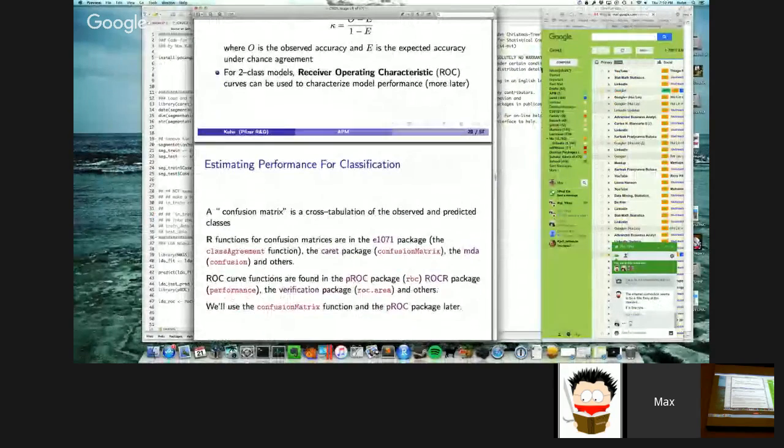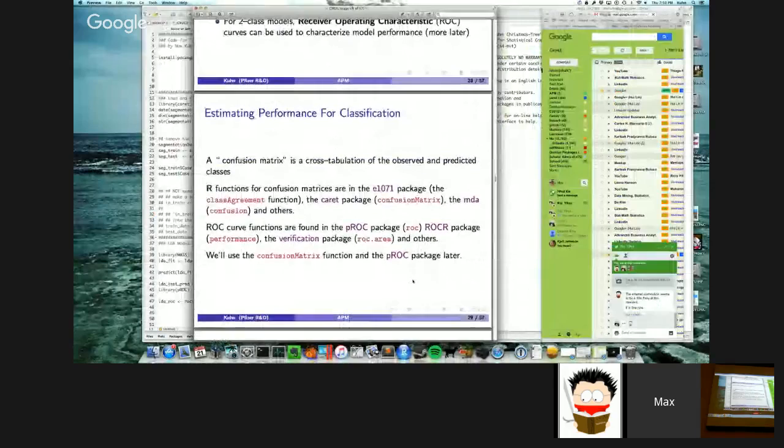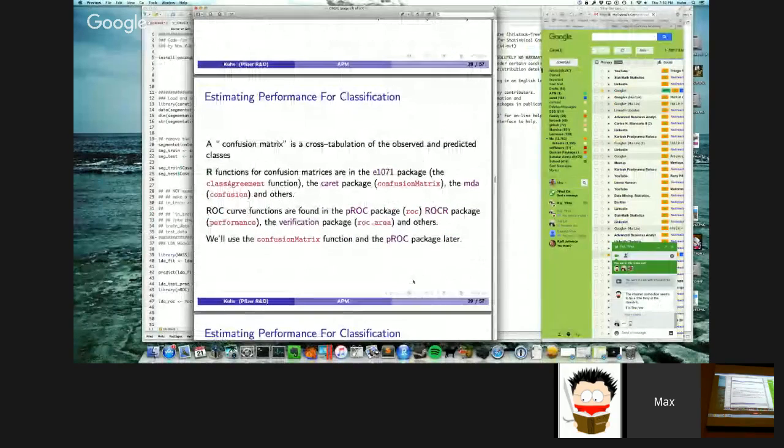So another thing that people tend to use, another fancy name for cross-tabulation, is something called the confusion matrix. The confusion matrix is just basically a table that shows the observed and predicted classes. You want everything to be on the diagonal where you get them predicted correctly, but you can then see what types of errors people are making, how often they have false positives or false negatives.